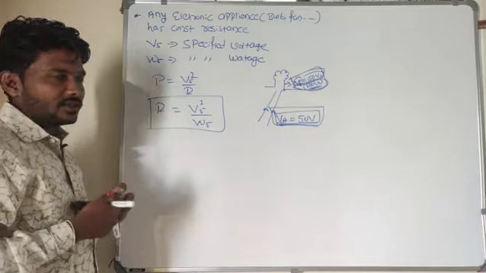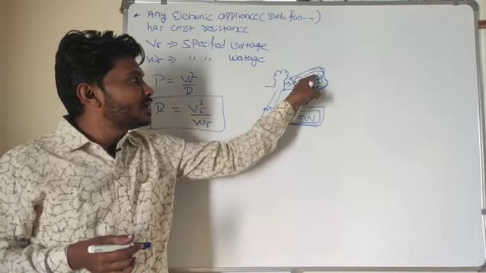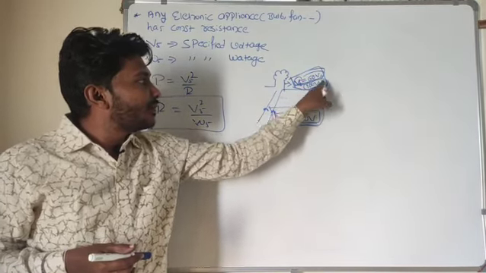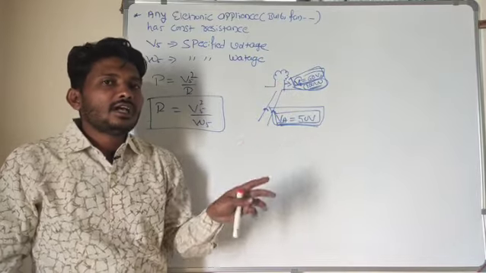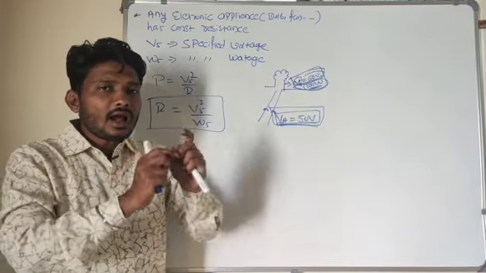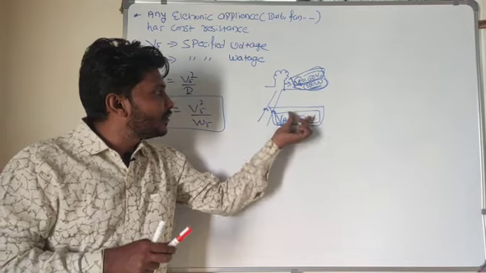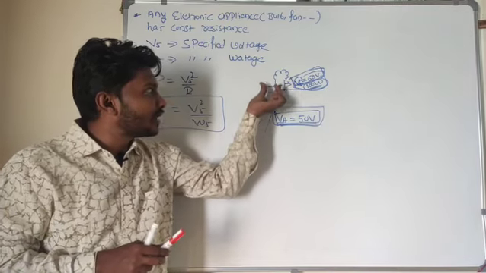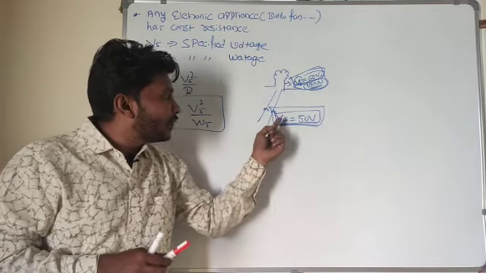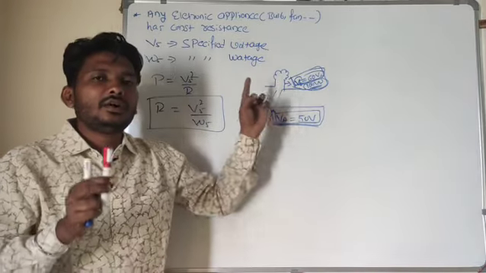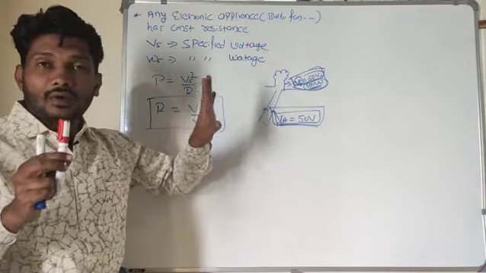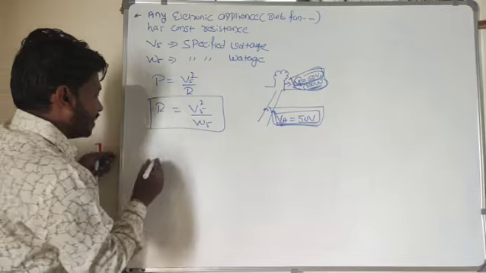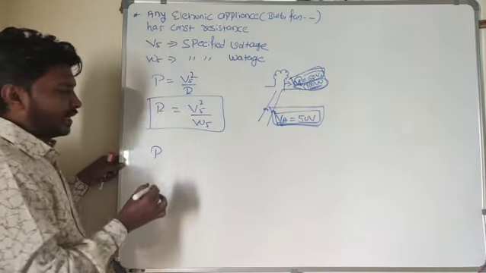The specified voltage is 60 volt and its power consumed will be 100 watt. Now I am applying 50 volt to this bulb, so the applied voltage is 50 volt. What is the power consumption in the bulb that I want to find?